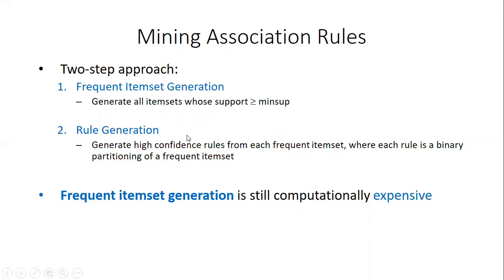As I have told, an association rule will be in the form of if-then. What does this if-then imply? To find this rule, we use the metric called confidence.